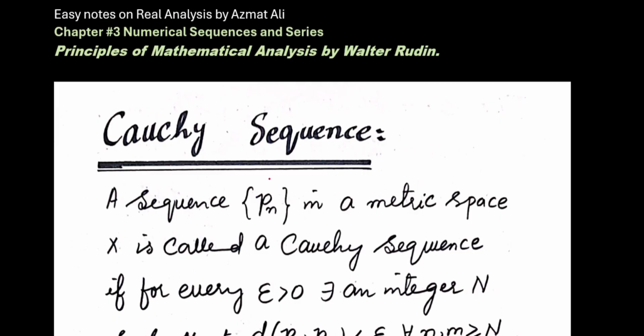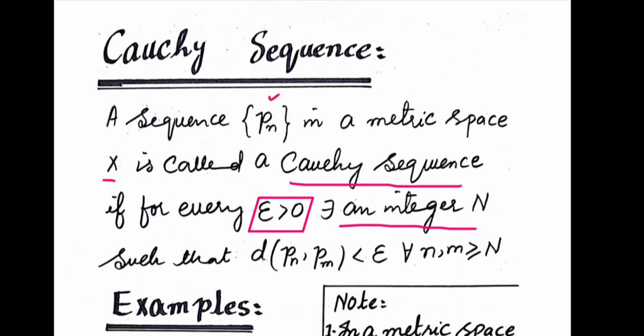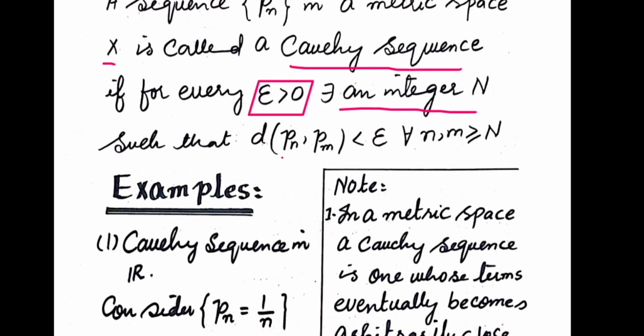A sequence Pn in a metric space X is called a Cauchy sequence if for every epsilon greater than 0, there exists an integer N such that the distance, d stands for distance. Walter Rudin is defining this in the context of a metric space.